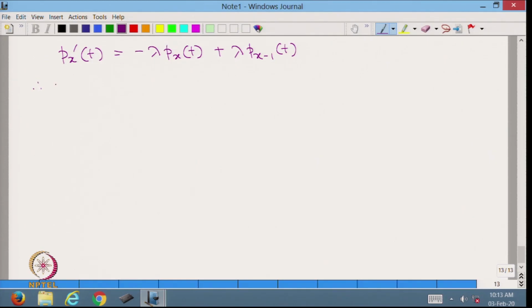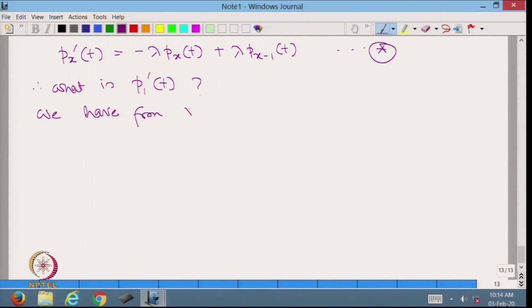Therefore, what is P1 prime t? Let us call the previous result star.